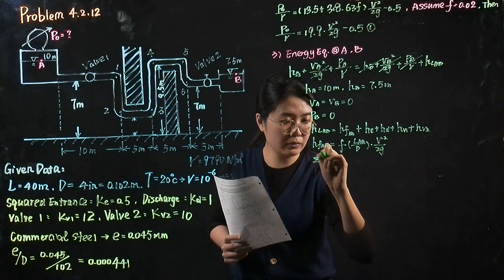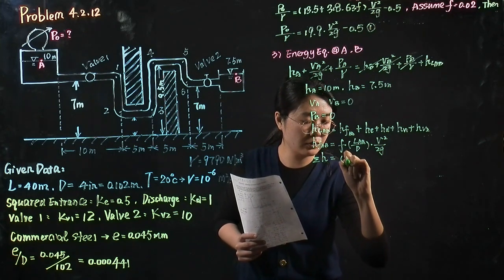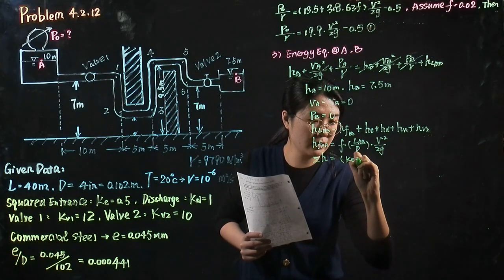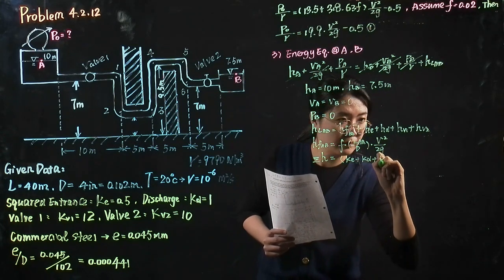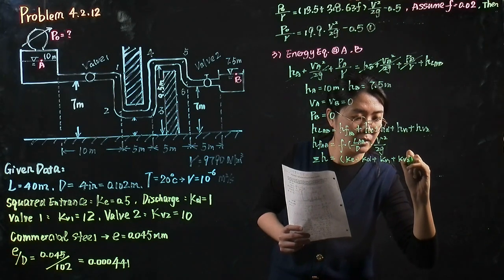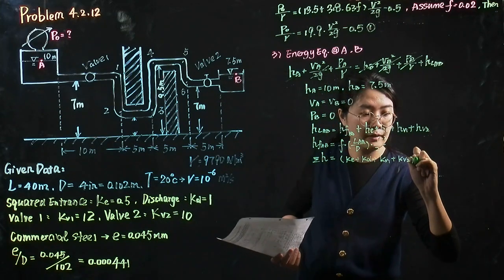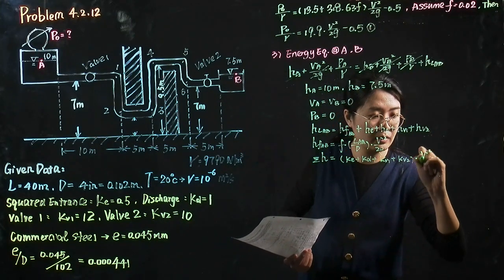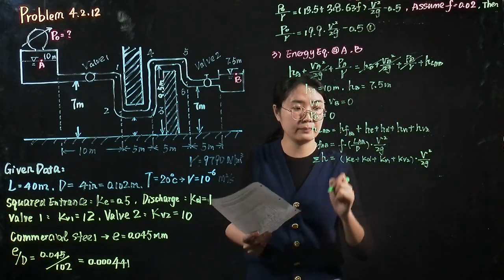The total minor losses equal their coefficients. These values are all given here, times velocity squared over 2g.